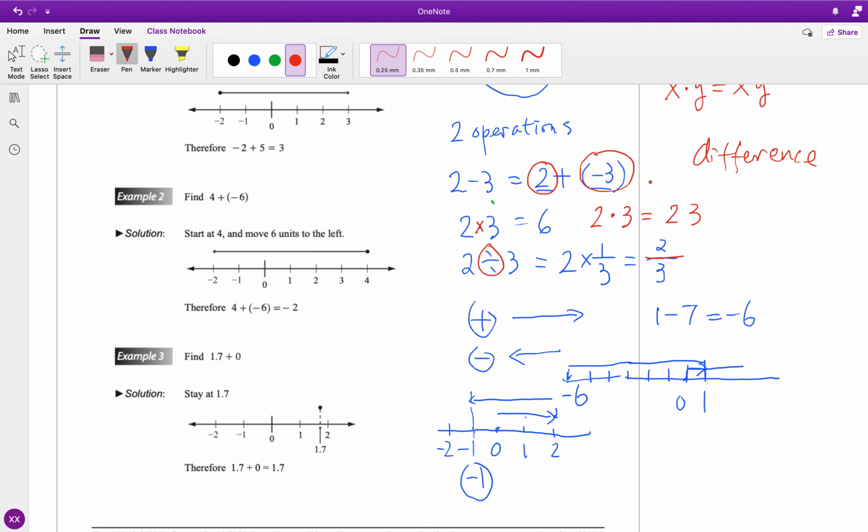Then you take the sign of the larger value. Here, you take the difference between 1 and 7, which is 6. Which number had the bigger numerical value? It's 7, and the 7 is negative, so you take that sign. That's another way to think.